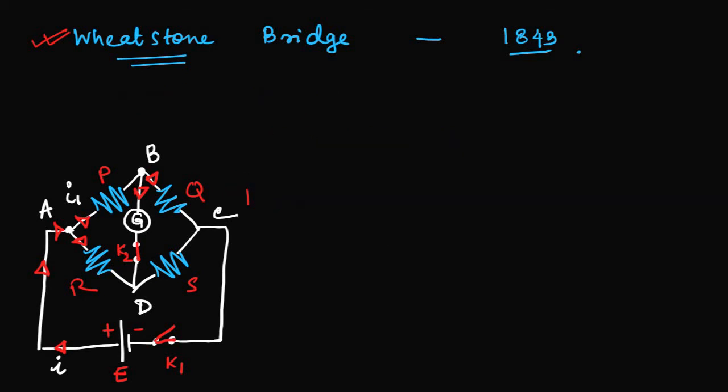Now I kept this circuit diagram in place so that you can understand how I am applying Kirchhoff's current law and voltage law. There are two rules we studied: KCL, the current law, and KVL, the voltage law. We are going to apply Kirchhoff's current and voltage laws because it is a complicated circuit, and Ohm's law alone will not work.